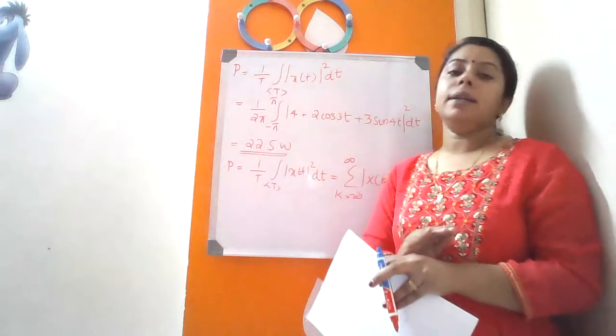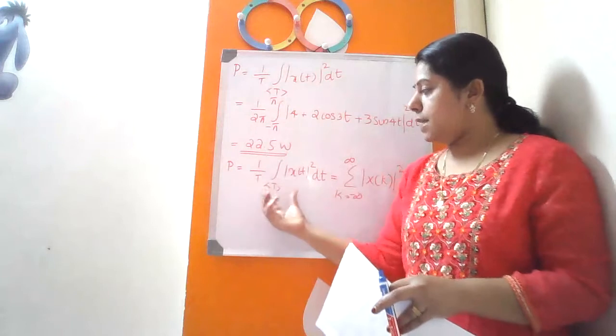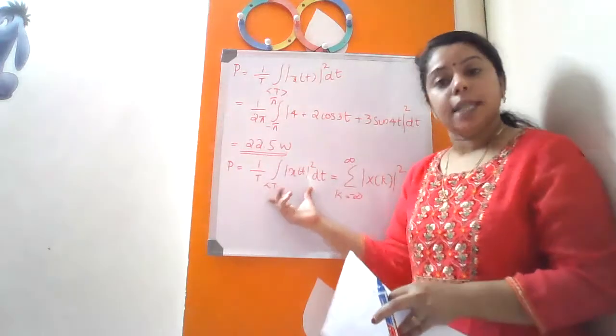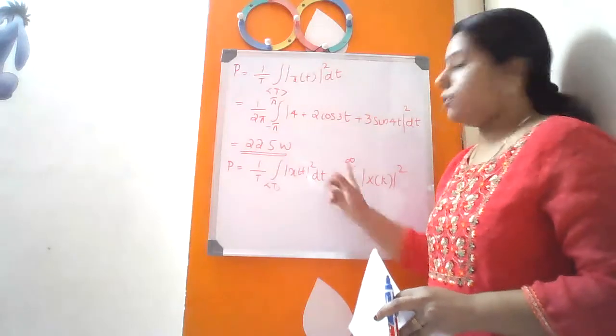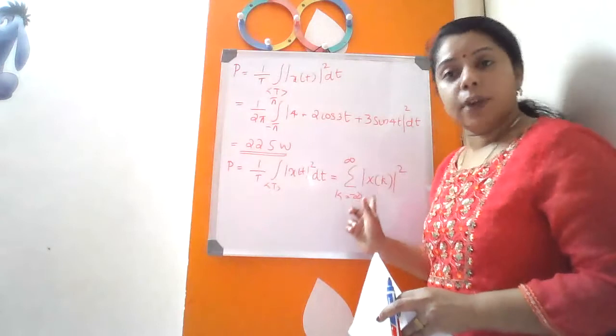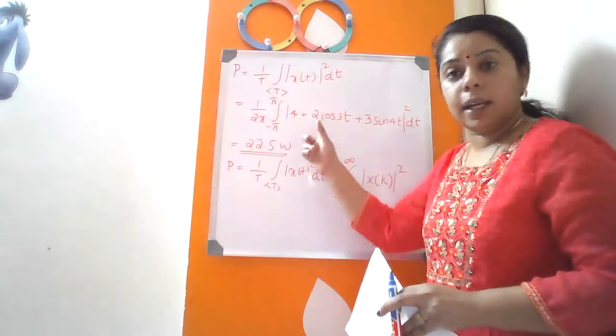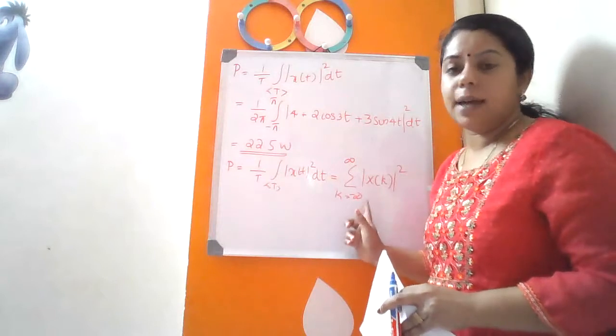But we studied in Parseval's theorem that the average power P is equal to the summation k from minus infinity to plus infinity of mod x of k the square. So rather than integrating, just by doing the summation you can calculate the average power.